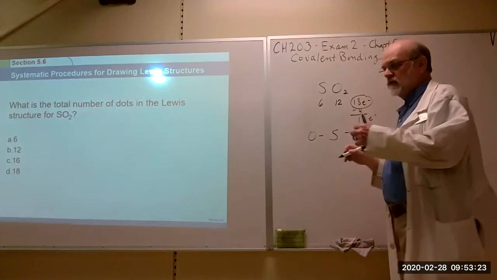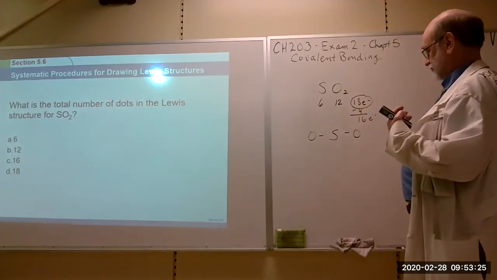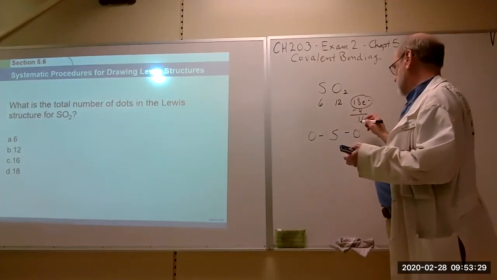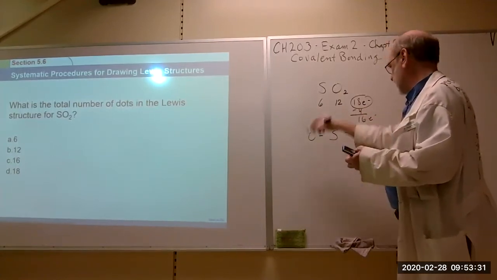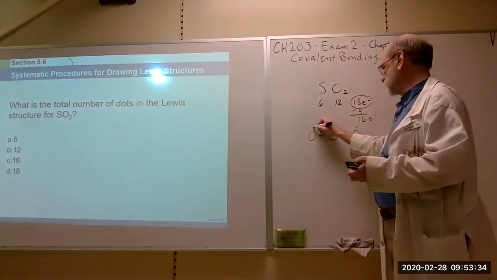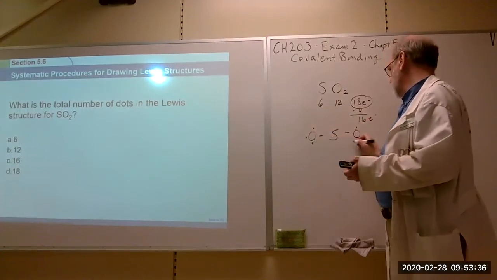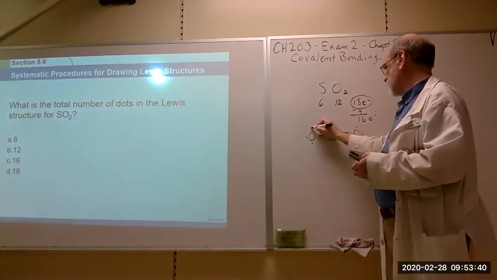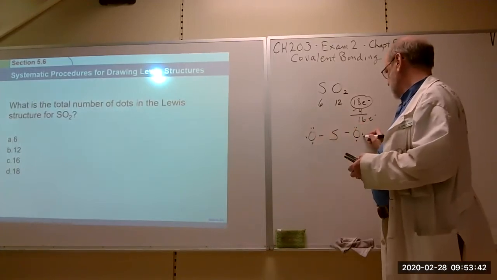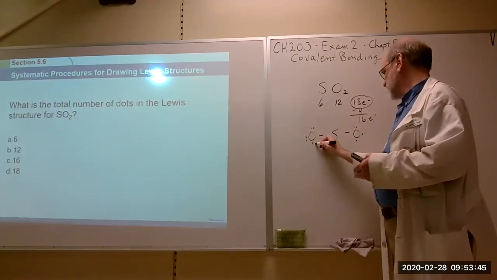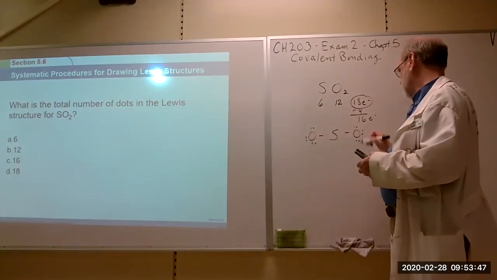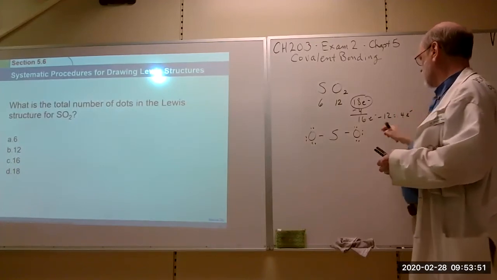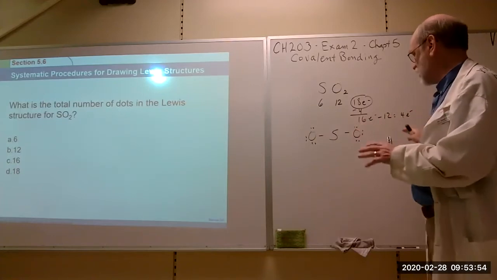So normally what you do is work your way around in a circle, like 1, 2, 3, 4, 5, 6, 7, 8, 9, 10, 11, 12. 4 electrons we haven't used yet.